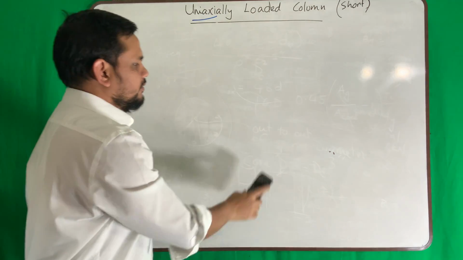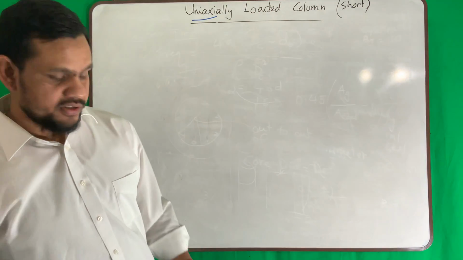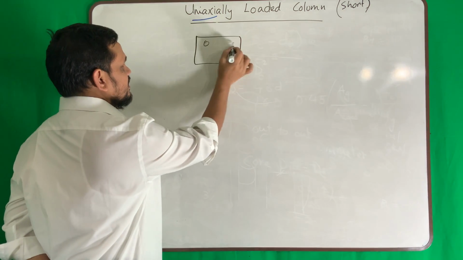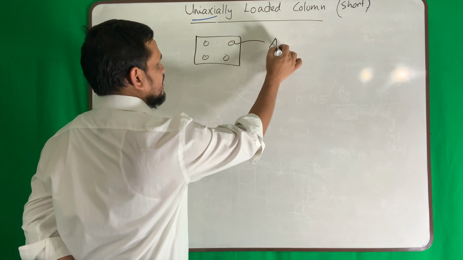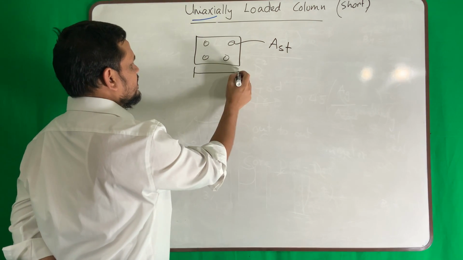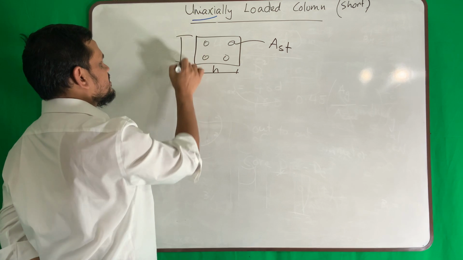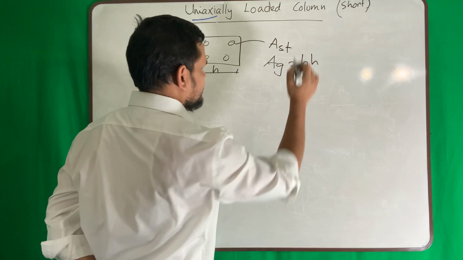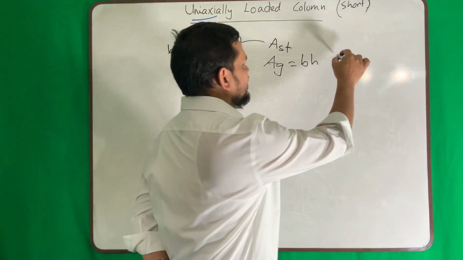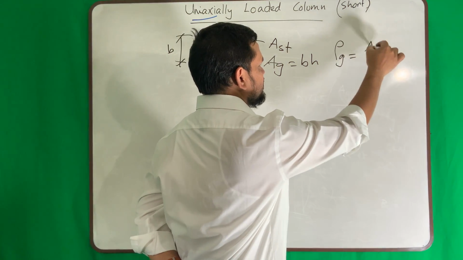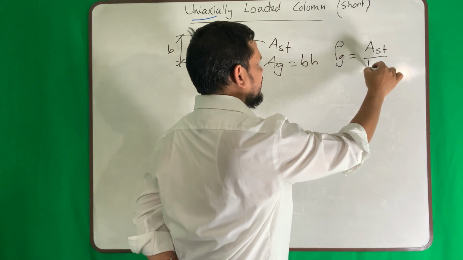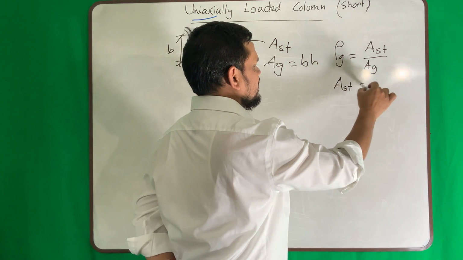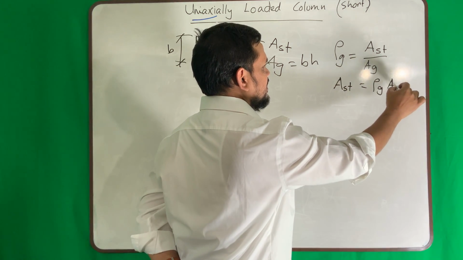Now I will go to the design equation. Say it is a section like this, it has some reinforcement here, area of reinforcement is AST, say this is H, this portion is say B, then my gross area is B times H. My reinforcement ratio, say rho G, is AST divided by AG, that means AST is rho G AG.